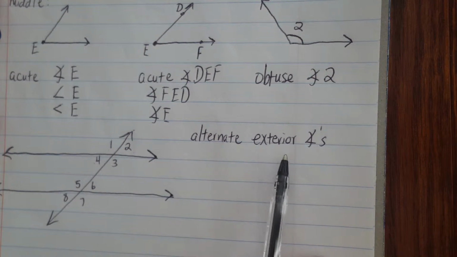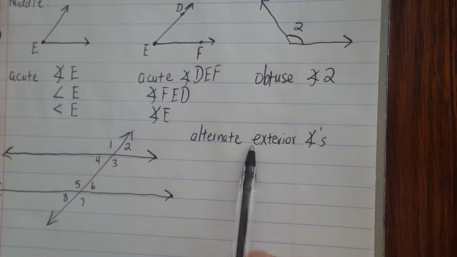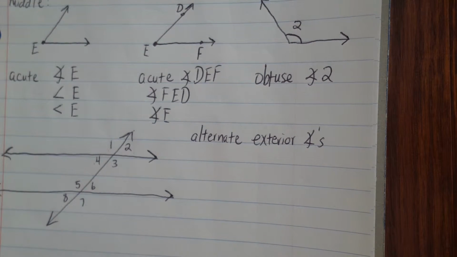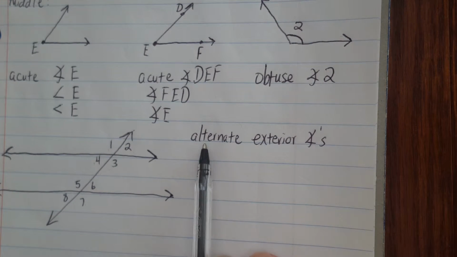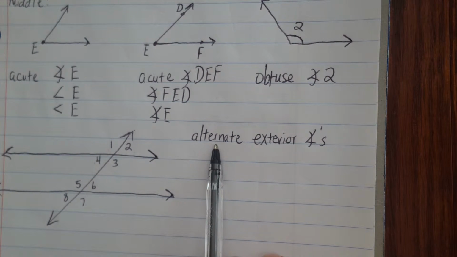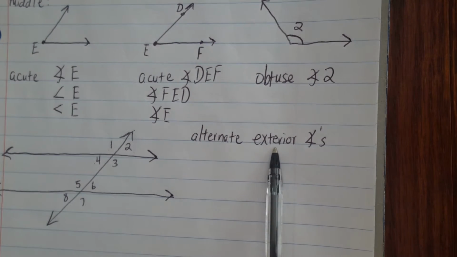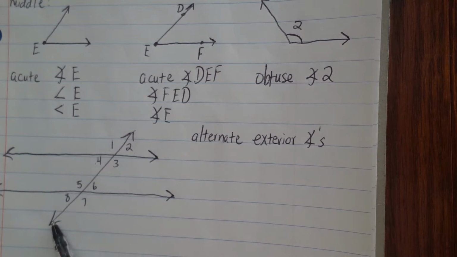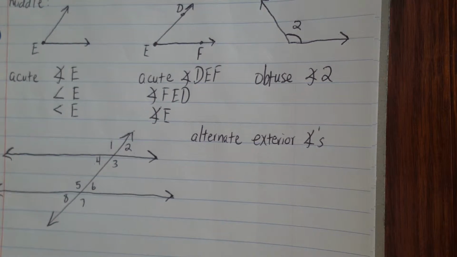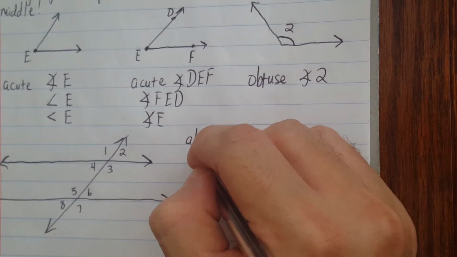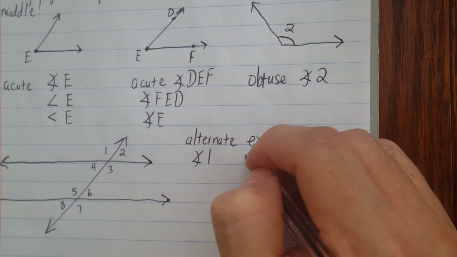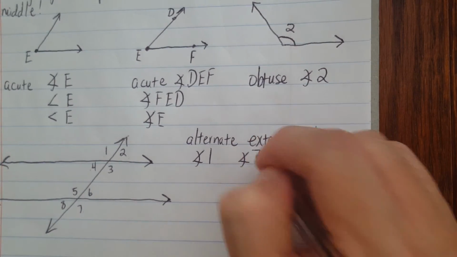Okay, so then let's go to the other word to kind of narrow down what we're talking about. Exterior, outside, on the outer. So if I combine these two concepts of being on the alternate or on different sides of the outside of this line right here, that gives me only a couple of different options. Angle 1 and angle 7.